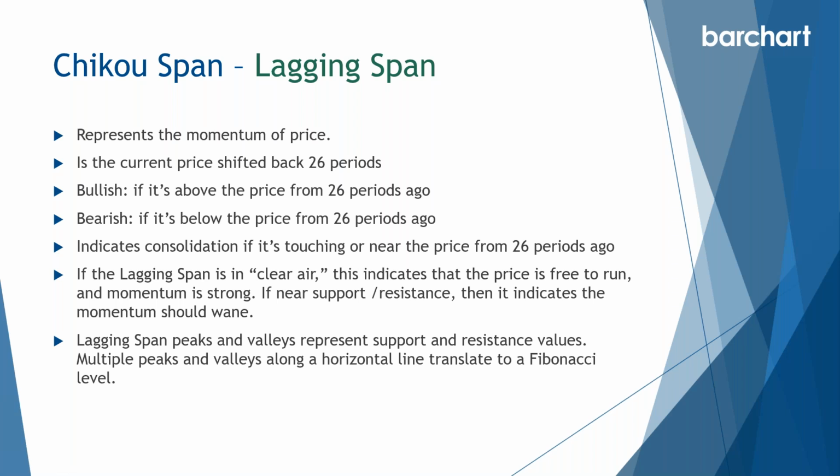One of the cool features about the lagging span is that if I find multiple peaks and valleys along a horizontal line, let's say a line of best fit, it will translate to a Fibonacci level. And this is a fascinating aspect of the cloud strategy.